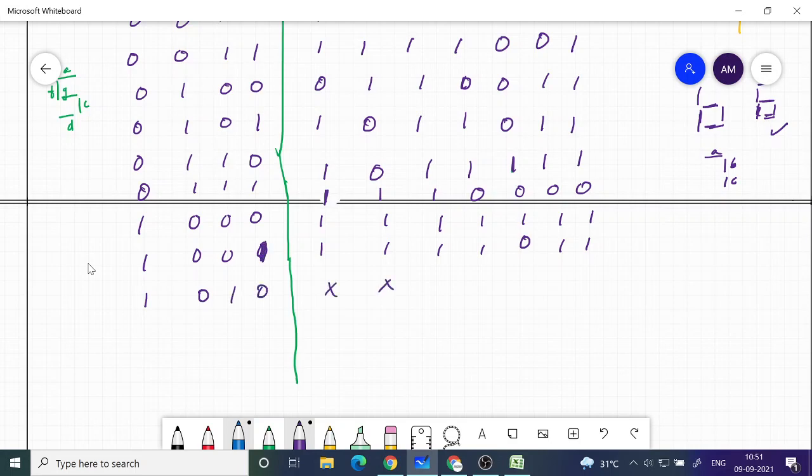We write like this, don't care. Could be 0 or 1, we don't care. That's basically the idea. And same thing we continue up to 1, 1, 1, 1. All these cases, we don't care what it is, because we are not going to give these inputs. So the corresponding output, either we can assign 0 or we can assign 1, we don't care.